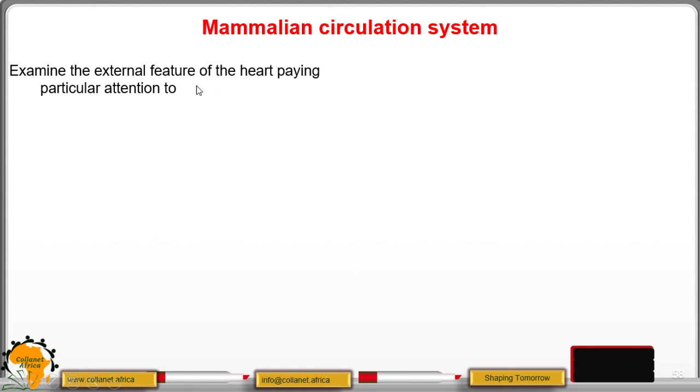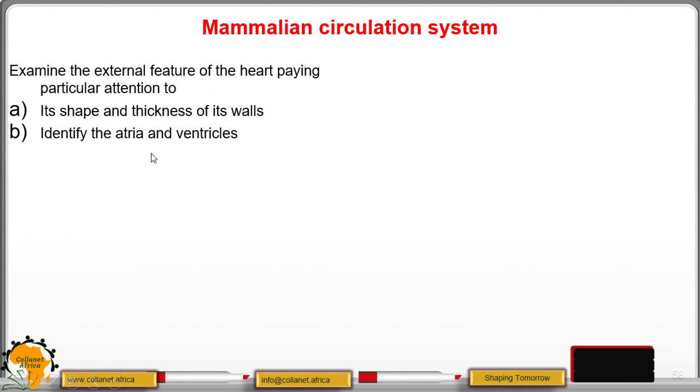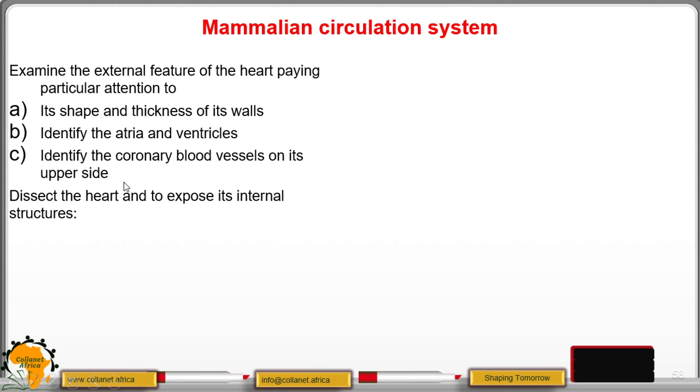And then examine the external structure of the heart, paying attention to the shape and thickness of its walls, the aorta, the auricles or the atria, as well as the ventricles. You have to identify them. Identify the coronary blood vessels on its upper side.